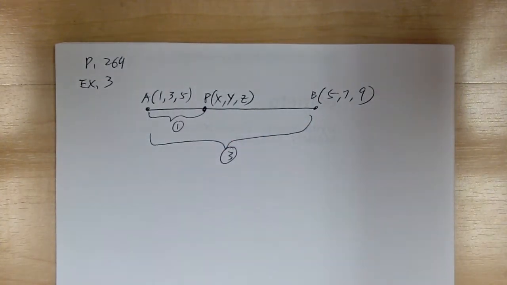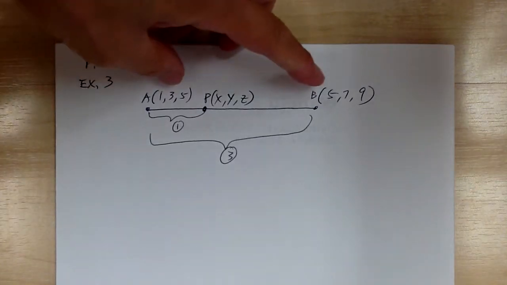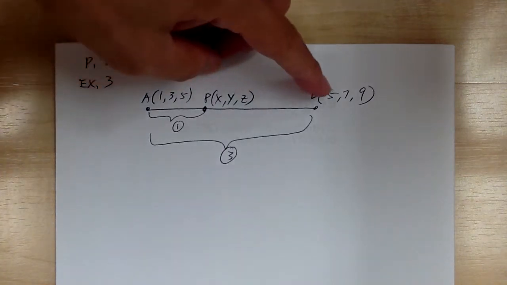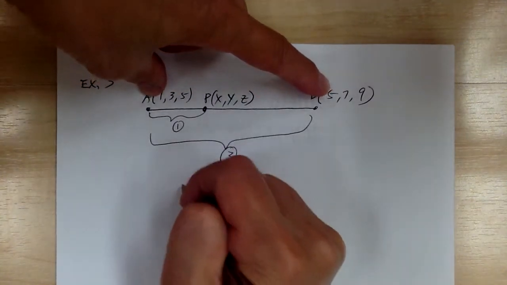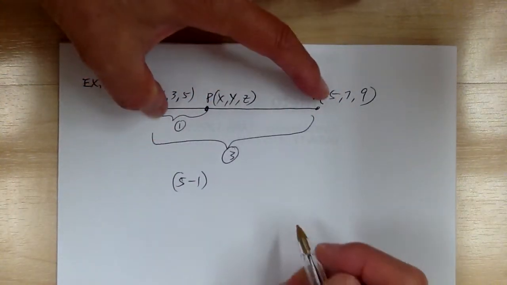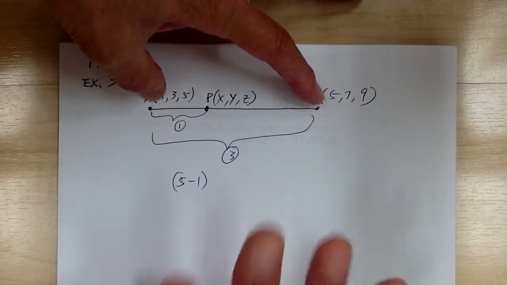Okay, so I'm going to do the x first. So for x, the formula is the same as the one from before. First you subtract, so you get 5 minus 1. That's the whole length, and I'm just doing it with the x, right?